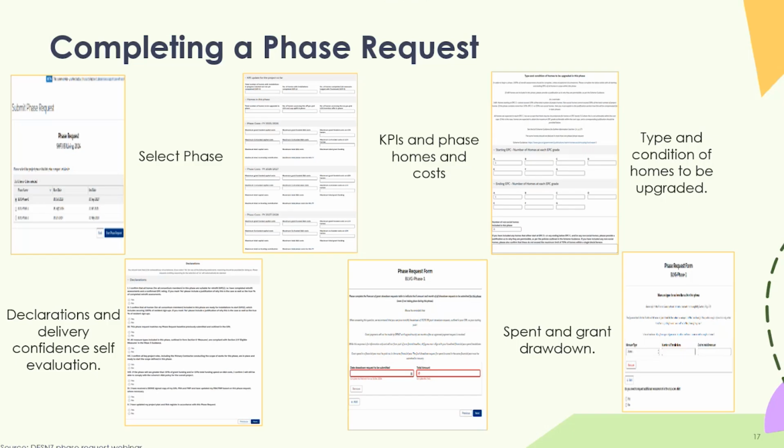So, for instance, if they are starting at C, in almost all cases, it would be that it's part of a block or part of a row of terraces, and you can't deliver works to the ones that are below EPC C without tackling the ones that are above EPC C. And if you're going over those thresholds, then just justify within that box to say, we know we're over the threshold. We're confident we'll come down by project closure, etc.